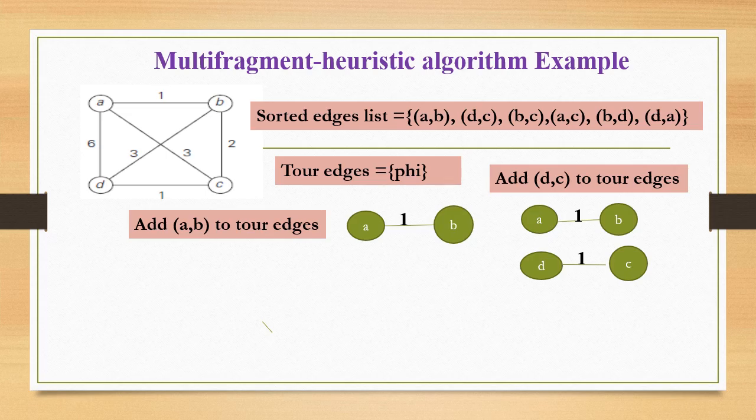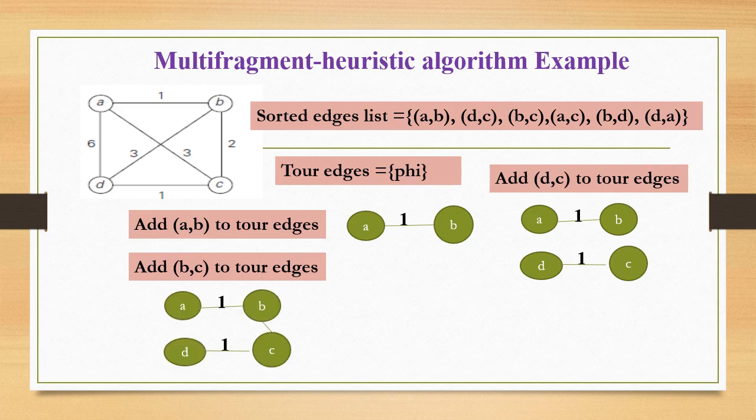I am just adding it, and there is also no vertex forming a degree of 3. Then I move on to the next edge, BC. If BC is connected, what is the degree of each vertex? A remains 1, B becomes 2, C becomes 2, and D remains 1. So nothing bad happens when adding BC.